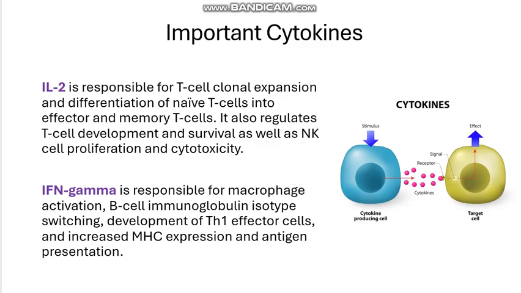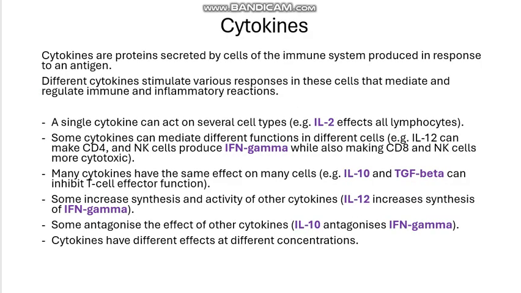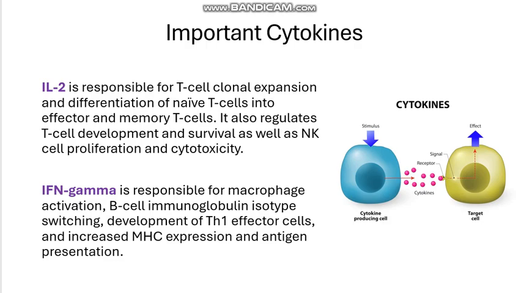So very important properties for these. These are just examples that I put for the different properties that cytokines have. I don't think you really need to memorize them. It depends on your syllabus. It couldn't hurt, but I'd focus more on these. These are the more important ones, particularly interferon gamma.